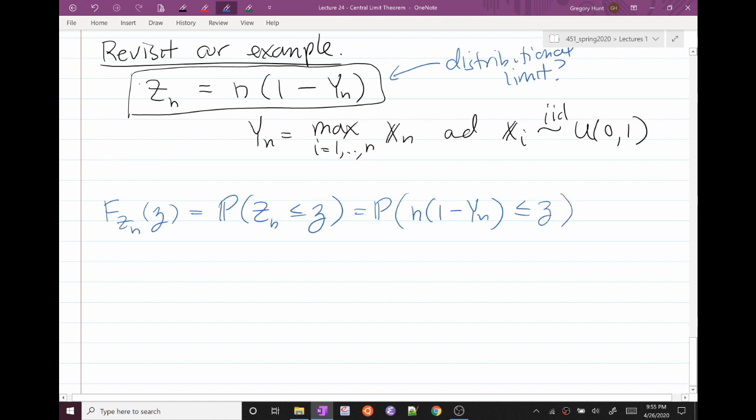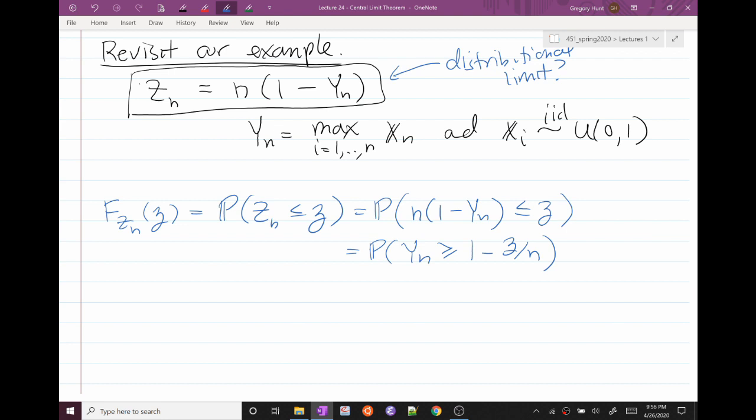Now we're going to do some algebra. This is the probability that y sub n is greater than or equal to 1 minus z over n. That's just a little bit of algebra: divide through by n, move y to the other side, and then subtract z over n.